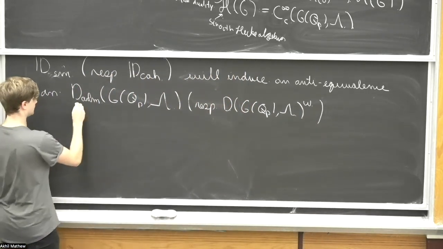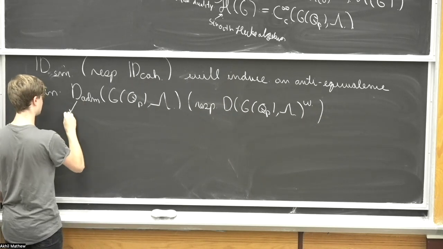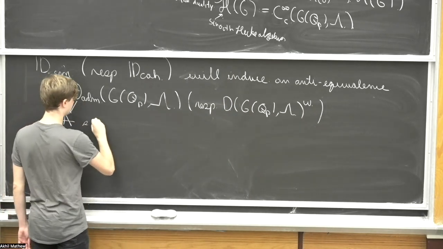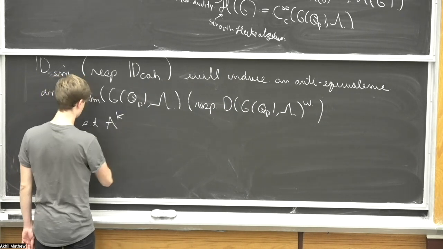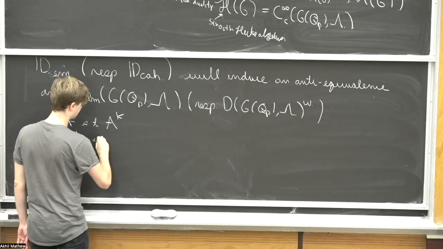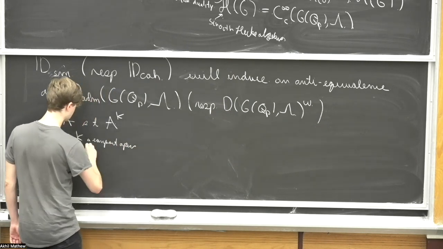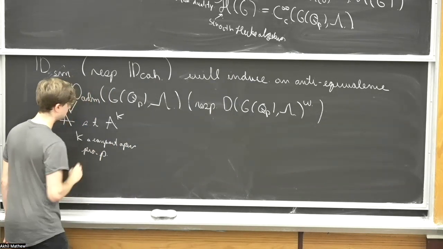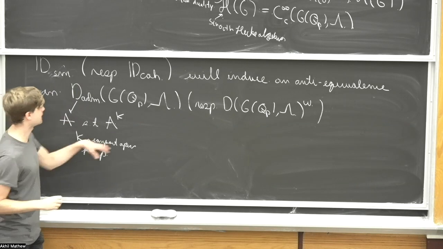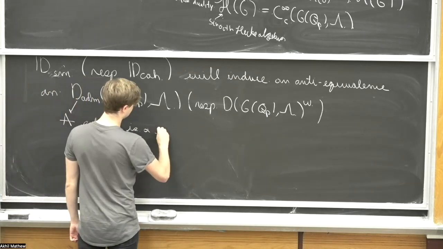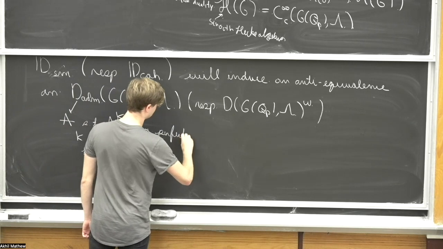So what is this thing? Well, this is basically going to be the set of objects A such that its invariants A^K, for K a compact open pro-p subgroup, is a perfect complex. I'm saying pro-p to get rid of possible higher invariants.